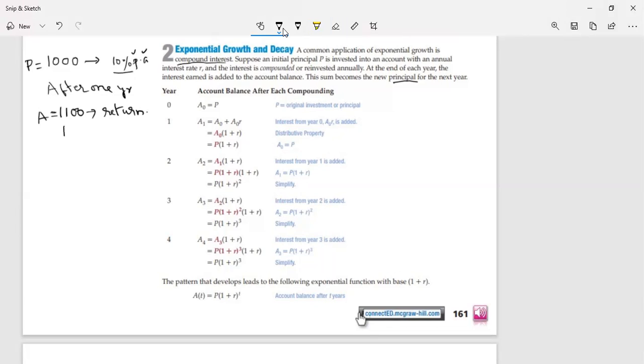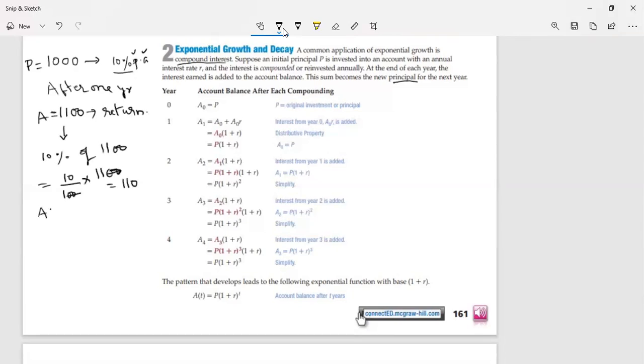No. For the next year, this 10% interest will be on 1,100. Whenever we are removing the percentage sign, we are putting 100 in the denominator. Of is always replaced by multiplication. These two zeros will be cancelled. We got 110. So next year your interest will be 110.